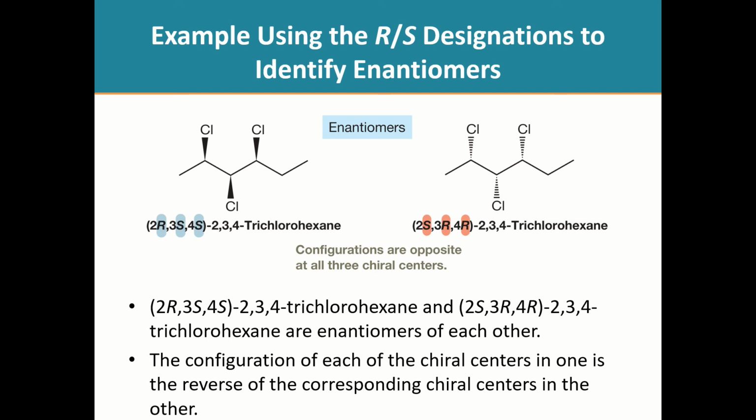So this one would be the RSS, and this would be the SRR. Now you can see that on molecule A versus molecule B, the configurations are completely opposite. And when the configurations are all completely opposite, then you have enantiomers.